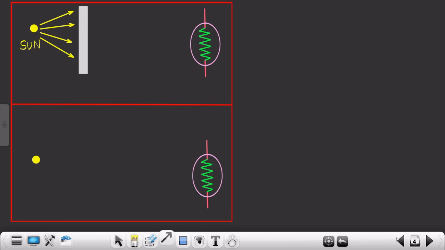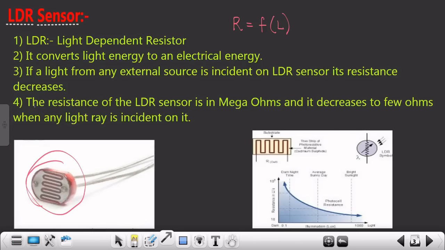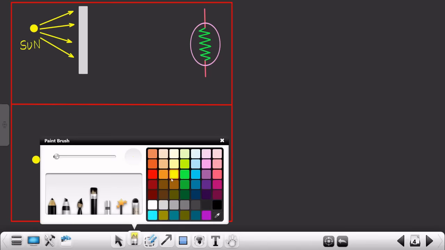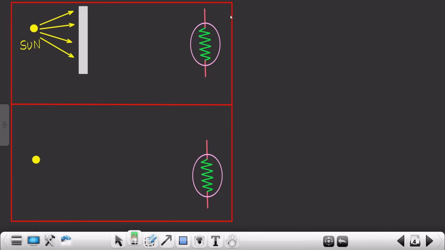Let's read the point again. The resistance of the LDR sensor is in mega ohms, and it decreases to a few ohms only if there is any ray of light incident on it. Since there isn't any light ray or external source of light incident on this LDR sensor, the resistance of the LDR sensor would be in a few mega ohms.